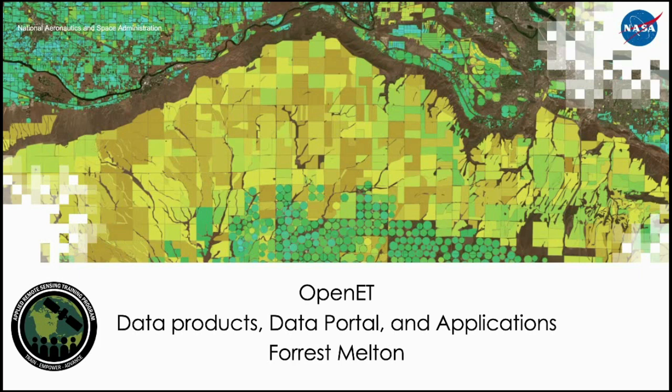He received the NASA Exceptional Public Service Medal earlier this year for his efforts in the availability of satellite data for a range of applications. His research interests include remote sensing of evapotranspiration and agricultural water management. He serves as the project scientist for OpenET, a multi-institute project to provide evapotranspiration data products derived from remote sensing. So here's Forrest.